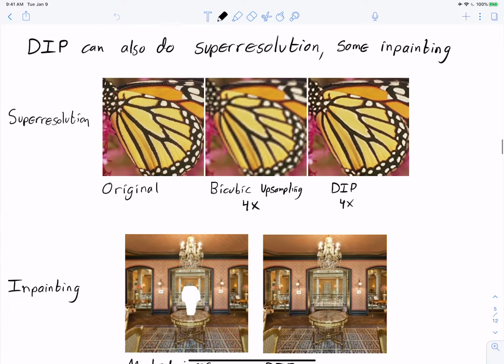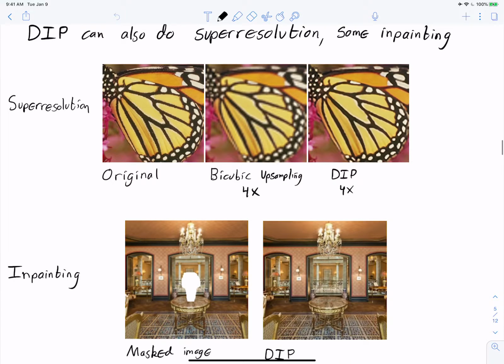So there are other things that deep image prior can do. For example, it can do super resolution and some inpainting. Here, again, these are figures from the DIP paper. The left figure on top shows an image of a butterfly. If you downsample it by 4x and then bicubically upsample it, you get this image in the middle, which is blurry.